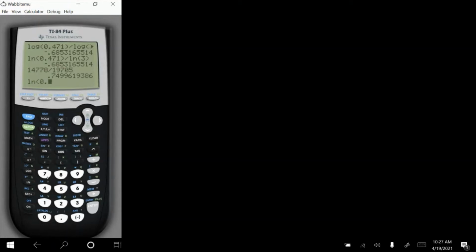Natural log of 0.75 divided by the natural log of 0.848. All right, so I'm going to round this to 2 decimal places. 1.74 years.